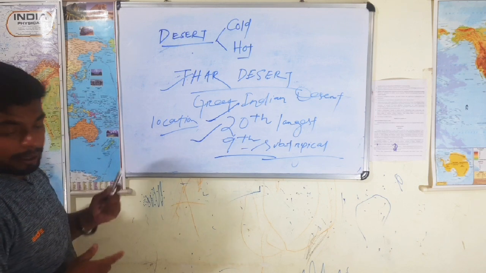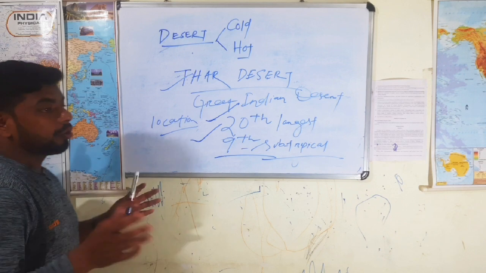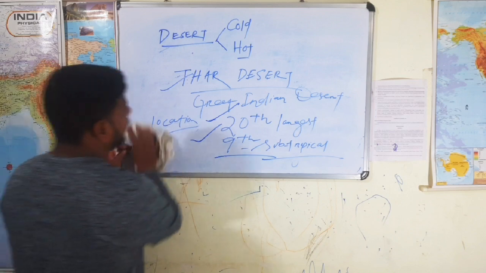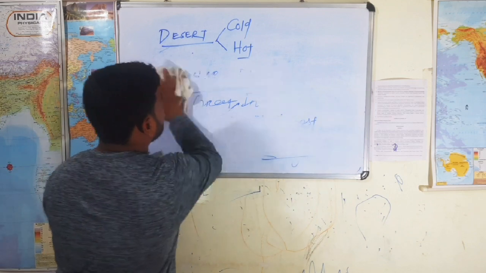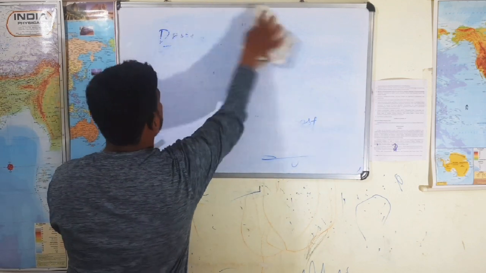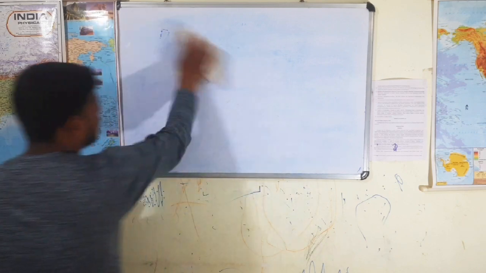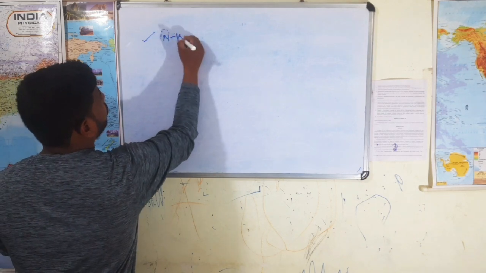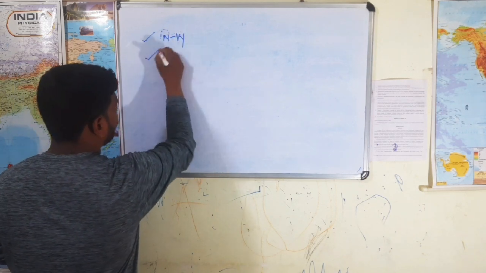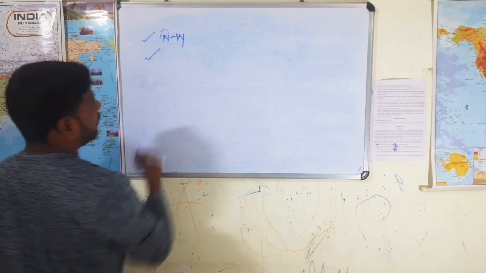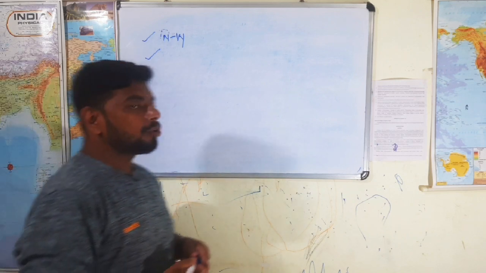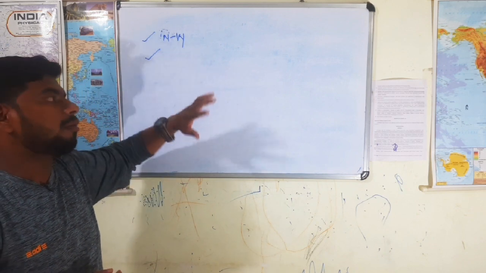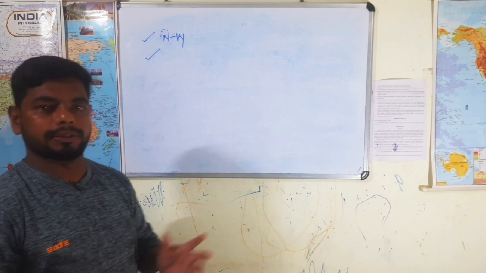It is located in the northwestern part of our country. In which part of our country? It is located in the northwestern part, right? Which one? The Great Indian Desert, that is the Thar Desert. In fact, the Great Indian Desert is not only located in our country, but also widespread in our neighboring country, Pakistan.